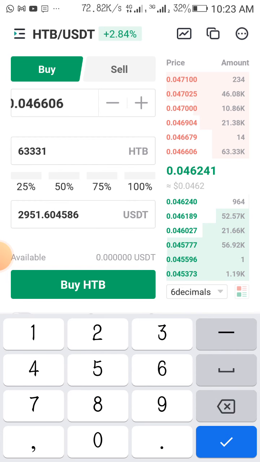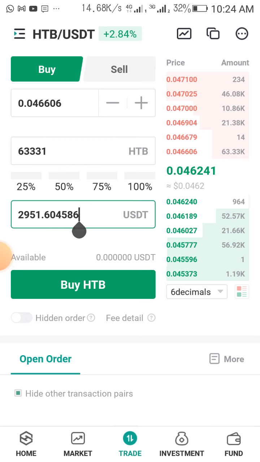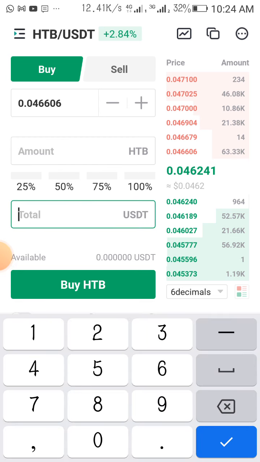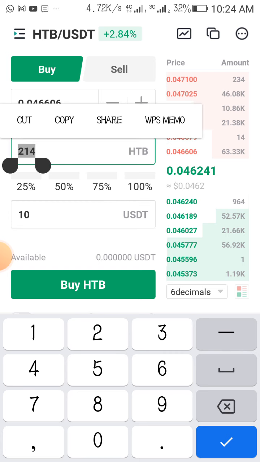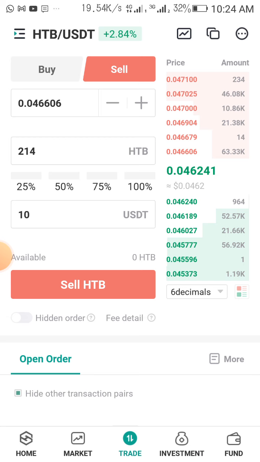Let me buy from this guy. I'm buying from here. I'll filter in and put my $10 that I want to buy. So I will get 214 HTB.